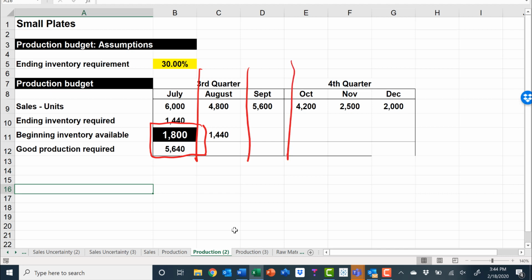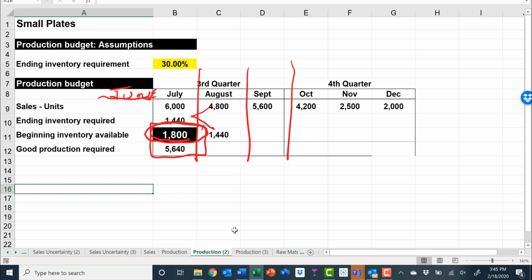If I'm trying to get this 1800, this beginning inventory, previously, when I was looking at July, I went like this. So how do I get to this 1800? Because I don't apparently have a June, or do I?